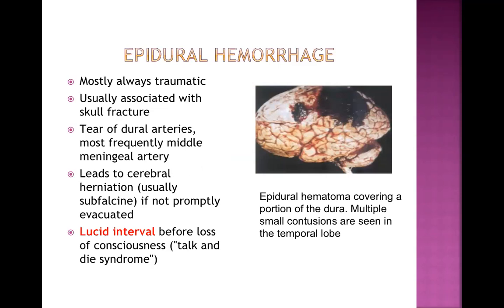Before I go into the discussion of epidural hemorrhage, let me list what type of hemorrhage can occur inside the cranial cavity. Okay, let's go layer by layer. The outermost one is extradural or epidural hemorrhage. Same term, epidural or extradural. After that, subdural hemorrhage. Okay, I'm going one layer inside. After that, subarachnoid hemorrhage.